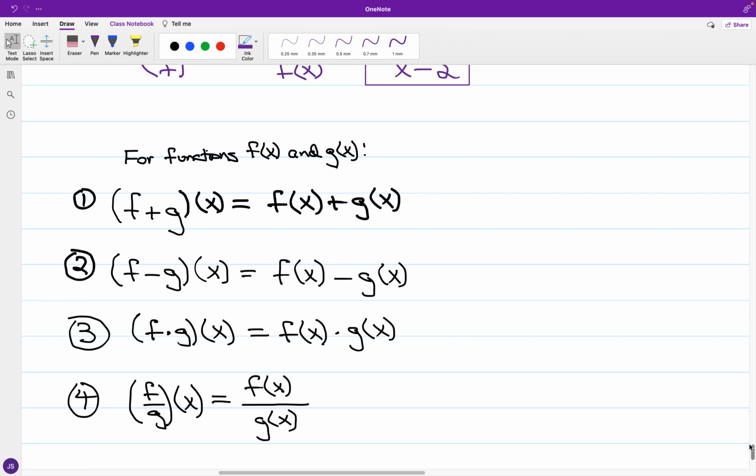So you've got your sum, difference, product, and quotient functions. Now, for these three items, namely the sum, difference, and product functions, they're going to have the exact same domain.